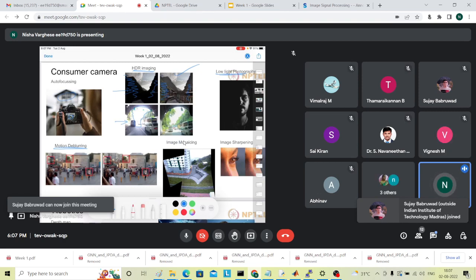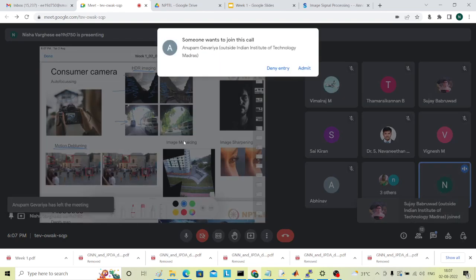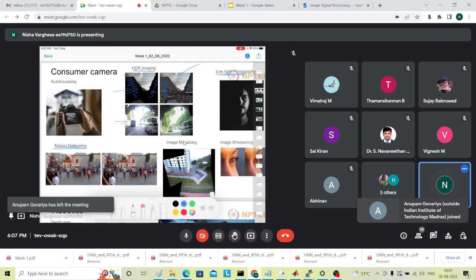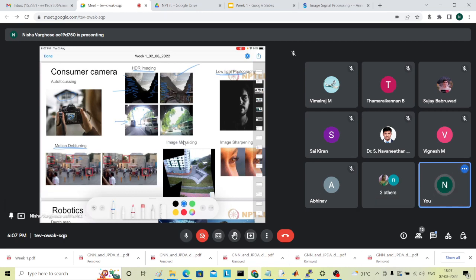If the camera is moving or the object in the world is moving, there will be blur inside the image. As you can see in the red box, we have some blur inside that patch, right? So we have to do motion deblurring so that the portion will be deblurred and clear. So this is one of the applications in consumer camera.